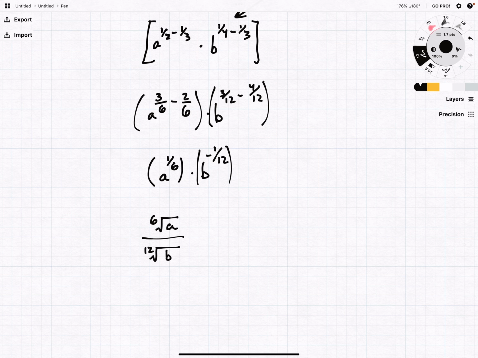I know we could do all sorts of rationalizing the denominator and everything. It depends on how simple they want your final answer, but I would suspect that's probably about where it needs to be. So yeah, we'll just leave it at that, and that's going to be the solution for part B.